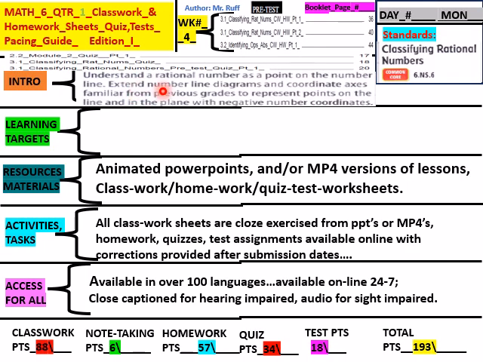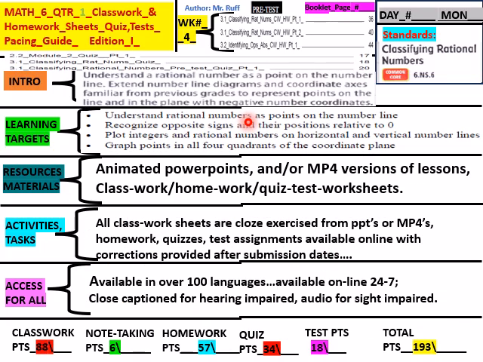Understand a rational number as a point on the number line. Extend number line diagrams and coordinate axes, familiar from previous grades, to represent points on the line and in the plane with negative number coordinates. So we not just positive, we go negative numbers. And then our learning targets here for week 4.